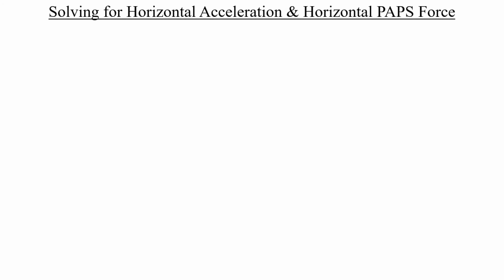And so we'll do this approach in the same way that we did in the vertical direction, where we solve for the acceleration first, and then we use that to get the force. So here's the expression I'm going to use. It's the same one that we just had, but I'm working in the x direction now.